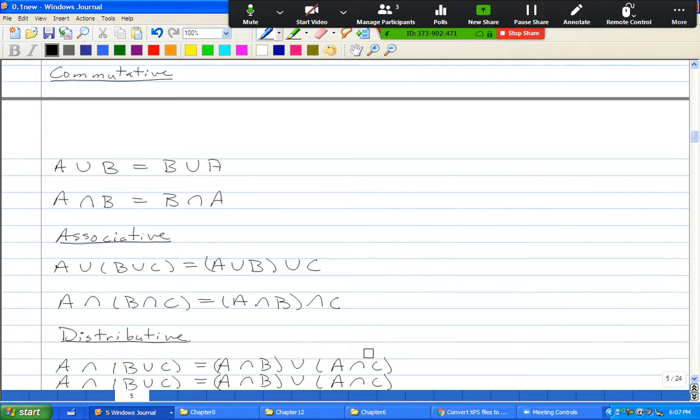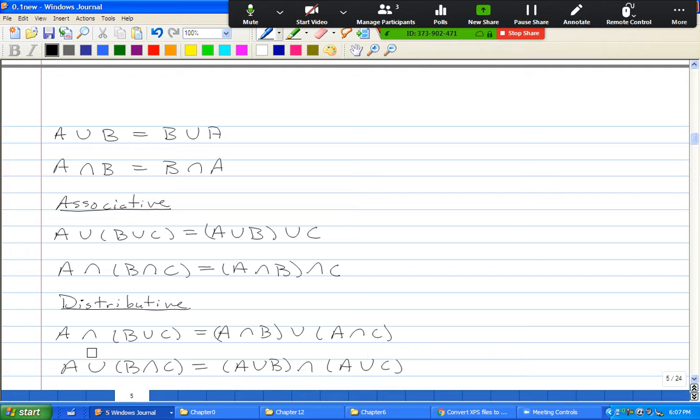We also have the distributive property. And so intersection distributes over union. So A intersect (B union C) is the same as (A intersect B) union (A intersect C).